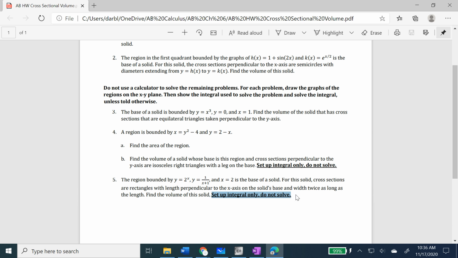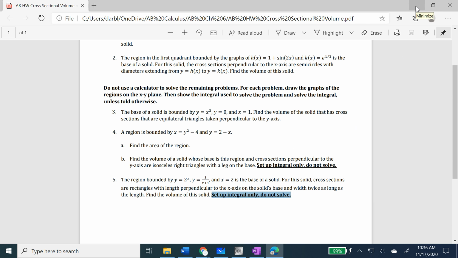With setting up the integral, you do have to find the limits of the integral. You need those numerical limits of the integral and basically have an integral written down all ready to be integrated, but you just don't integrate it. And the reason being is those are hideous problems to integrate by hand. Seriously hideous. So I just want to clarify that for you.